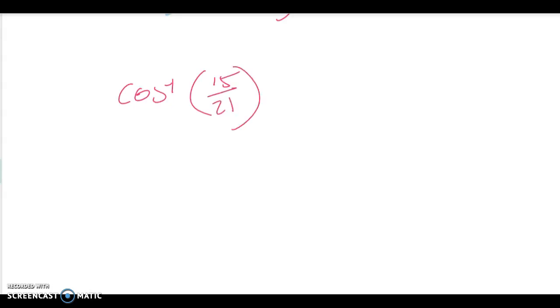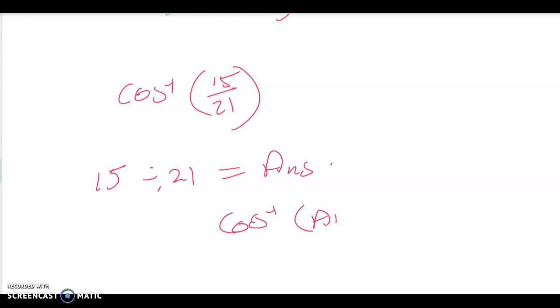You can, if you wanted to, do 15 divided by 21 and get your answer, and then do your cos inverse of your answer. The only reason I keep it like that is because you'll get an exact, accurate answer.